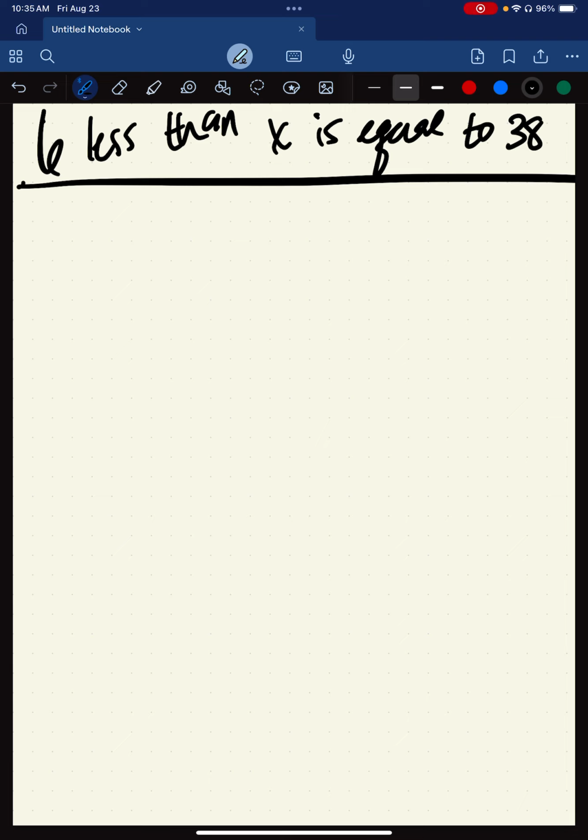So 6 less than x. Let's say 6 less than 10 is 4, right? And the way you calculate that is you did 10 minus 6. So 6 less than x is x minus 6 is equal to 38.